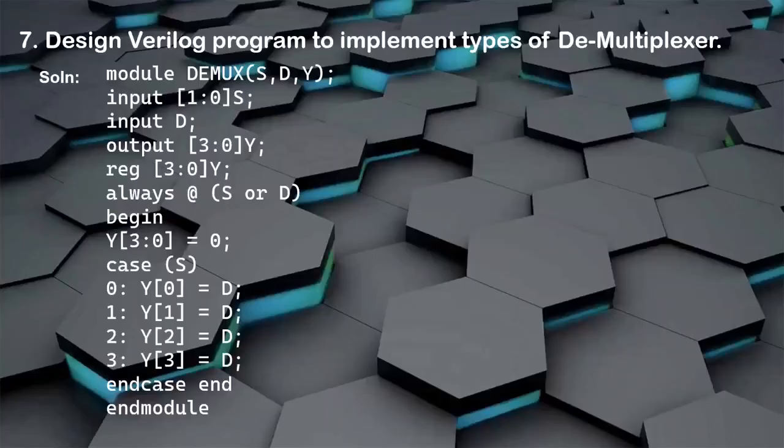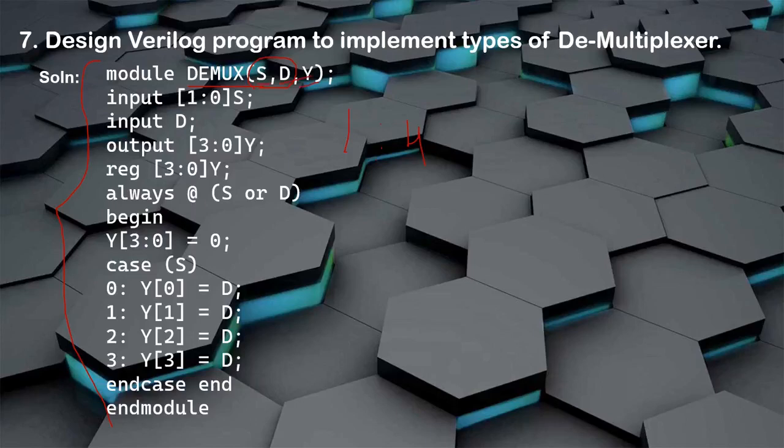So back to the Verilog program. This is the Verilog code to implement a demultiplexer, and this is for the 1:4 demultiplexer. Demux is the name that is given. Here we'll have selector S, input D, and outputs.